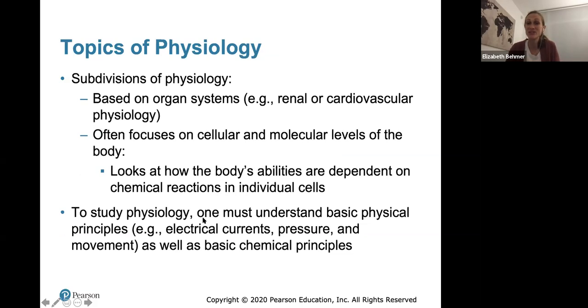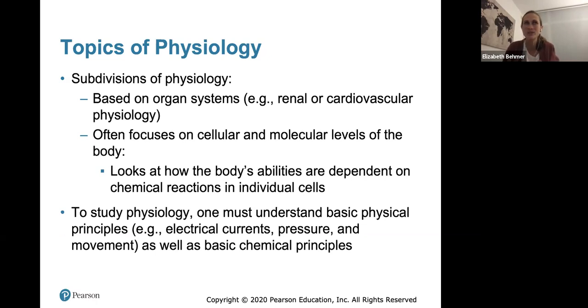Here are subdivisions of physiology. Now that you've made it through anatomy, this is how we'll subdivide physiology. And especially in this course, we'll be looking at organ systems, so your renal, cardiovascular physiology. It often focuses on cellular and molecular levels of the body as well. And physiology will look at how the body's abilities are dependent on chemical reactions in individual cells.